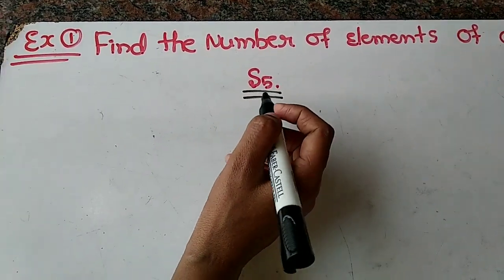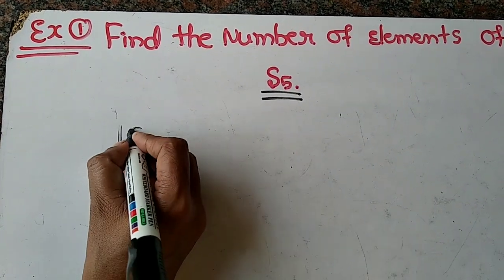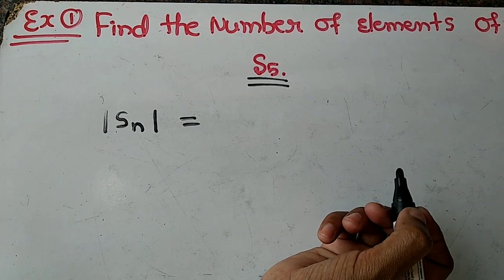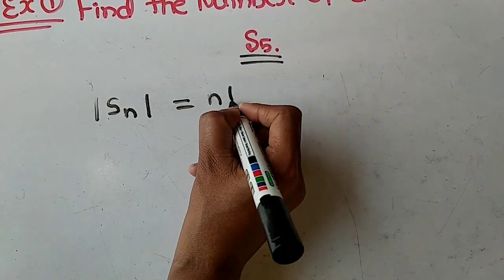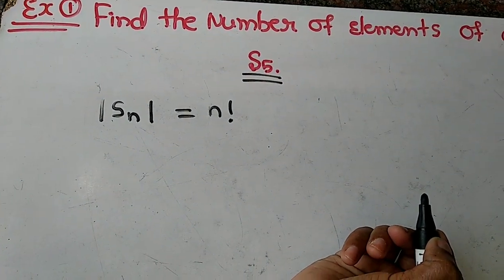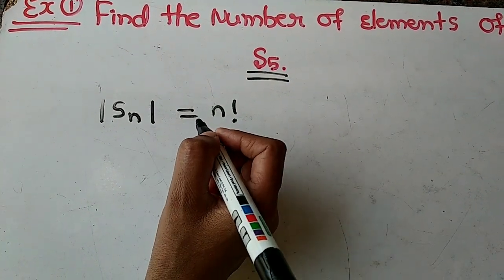What is our given group? That is a symmetric group. So first we have to find the cardinality of Sn. The cardinality of Sn is nothing but n factorial, because it is a symmetric group. If this were simply Zn, then the cardinality of Zn would be n.